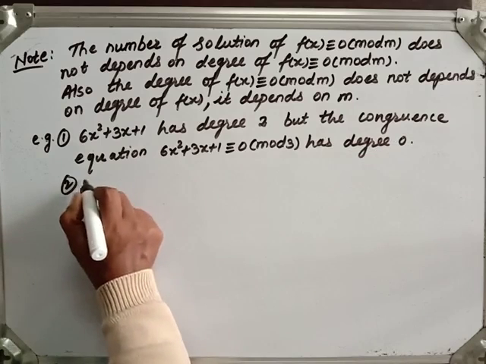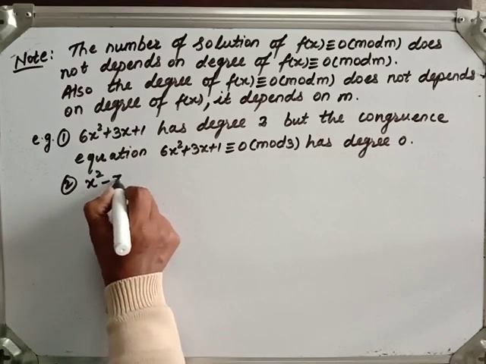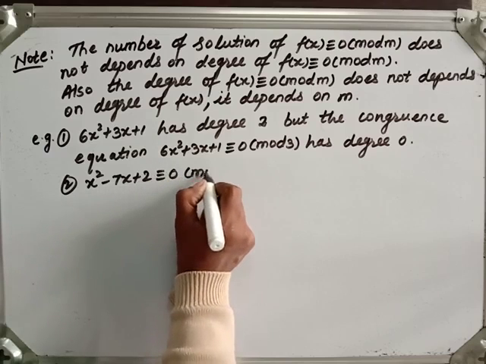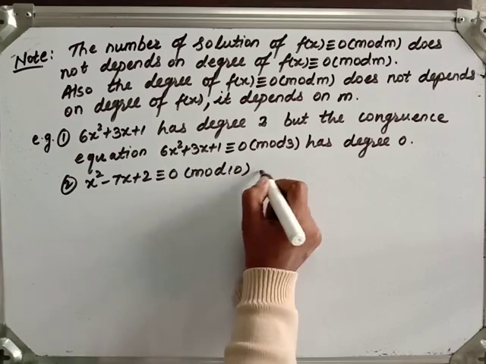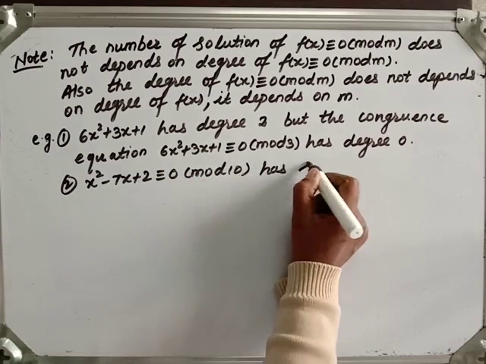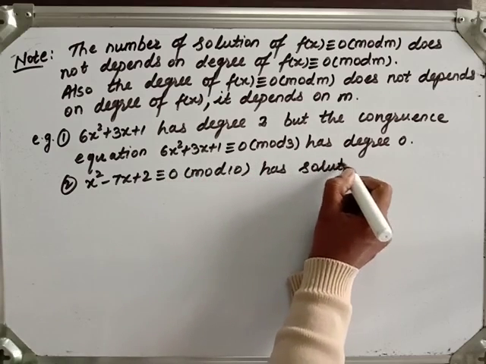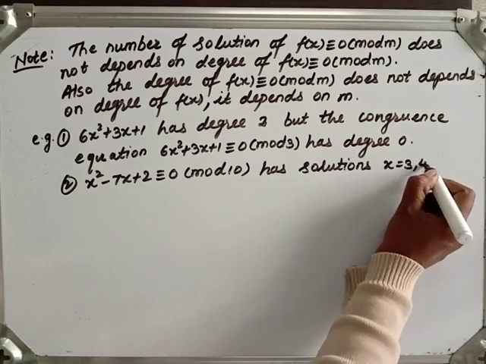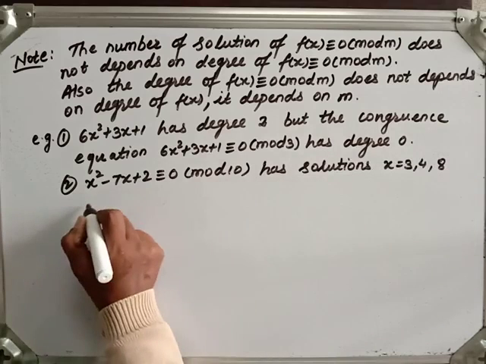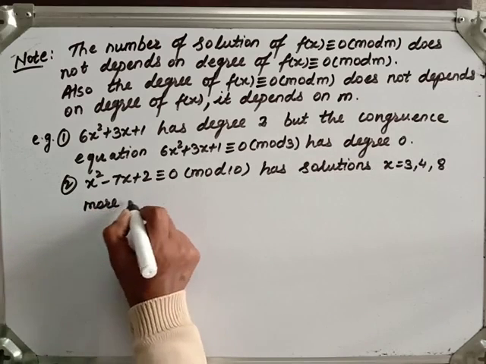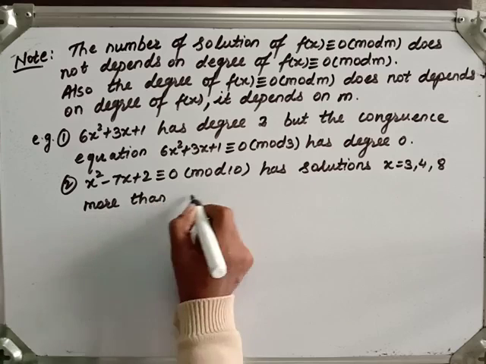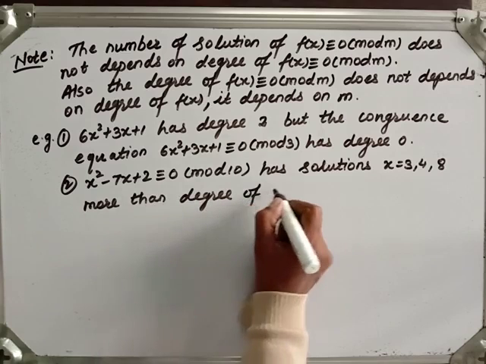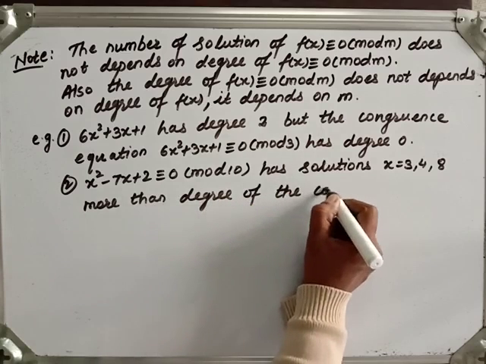Second example, x square minus 7x plus 2 congruent to 0 modulo 10. This congruence equation has solutions x equal to 3, 4, 8, more than the degree of the congruence.